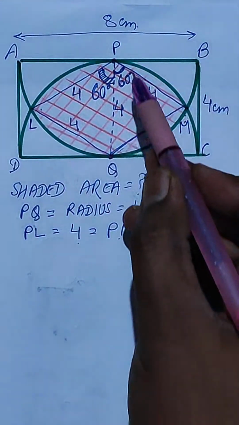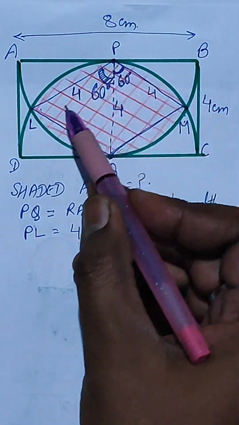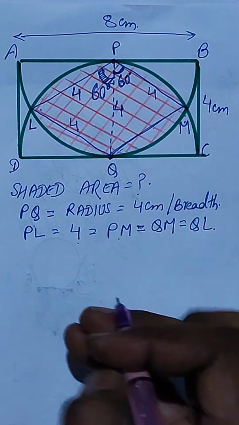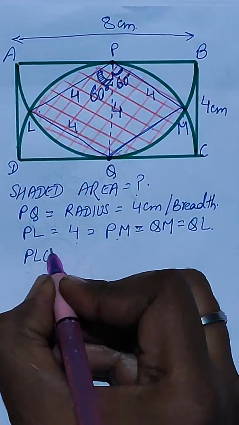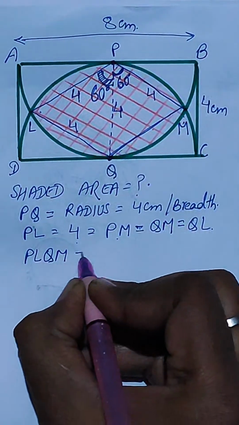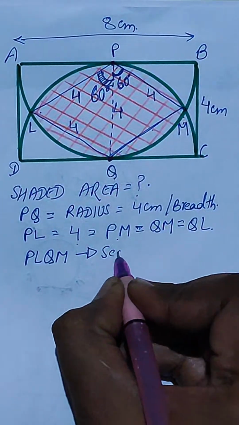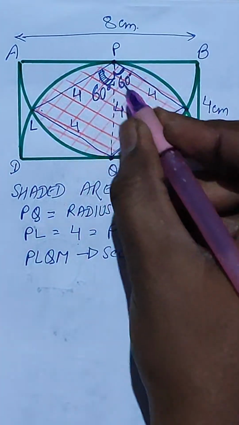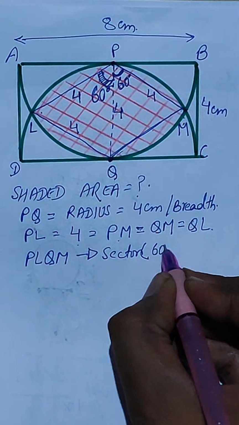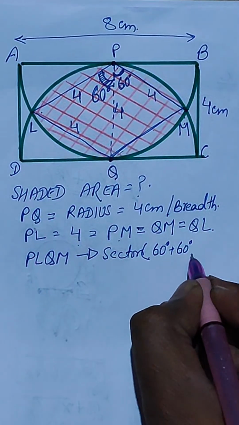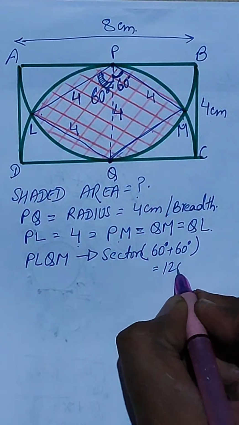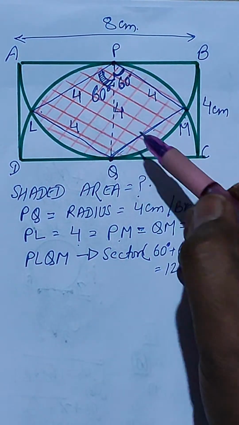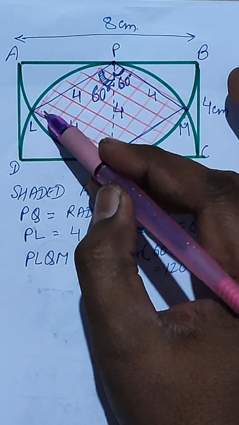Now from P you can see PLQM is a sector of the semicircle with angle 60 plus 60, that is equal to 120 degrees, right? So the area of this sector can be calculated very easily.